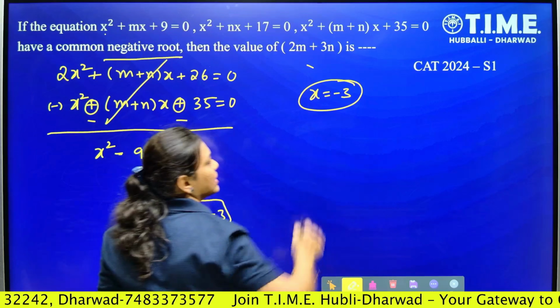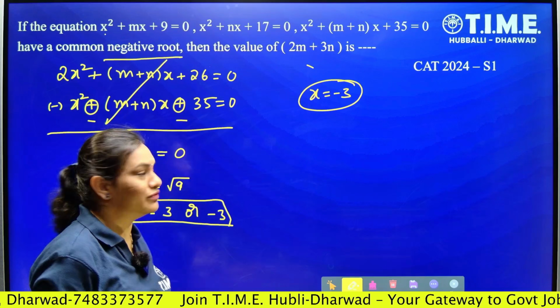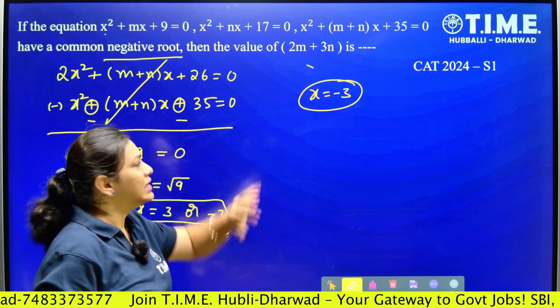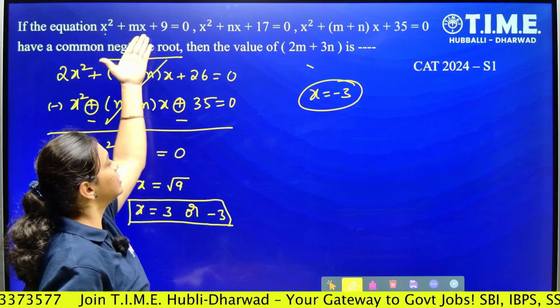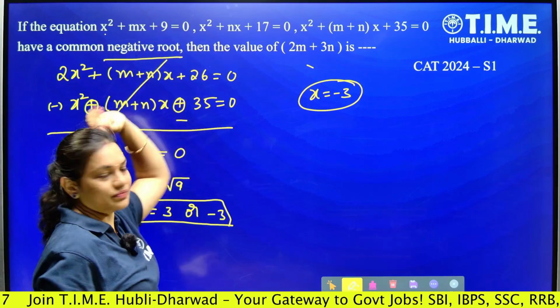Now what we have to do? Since we don't want the values of x here, because we want the values of m and n, let us substitute the x value in the first and second equations.